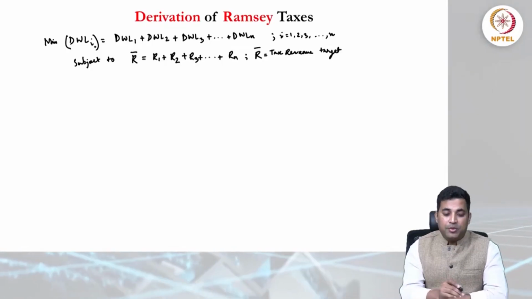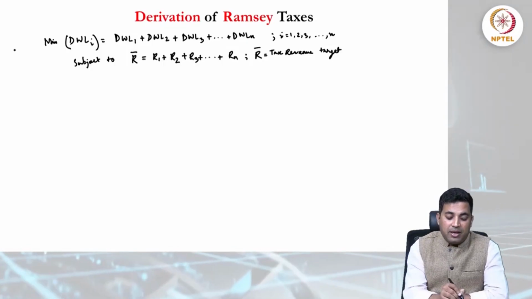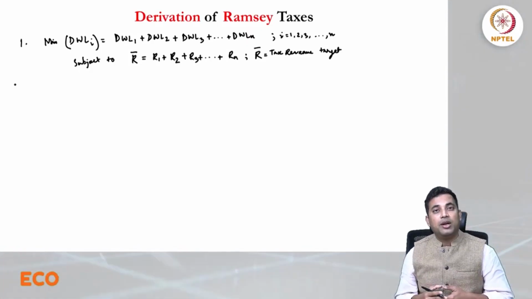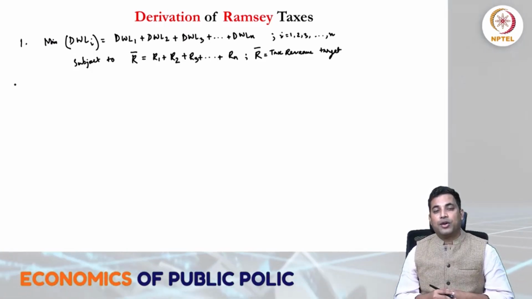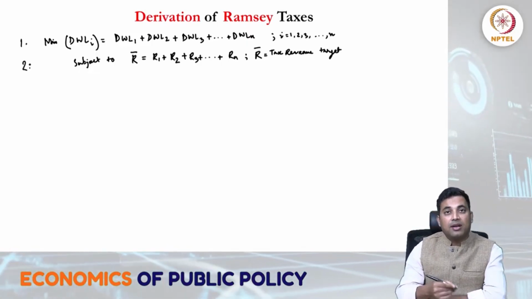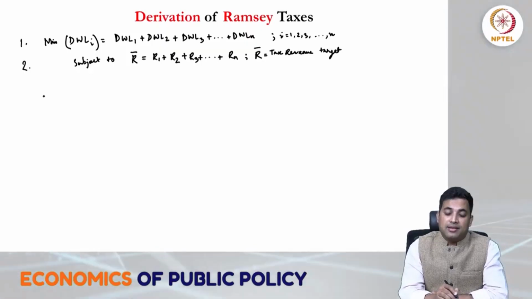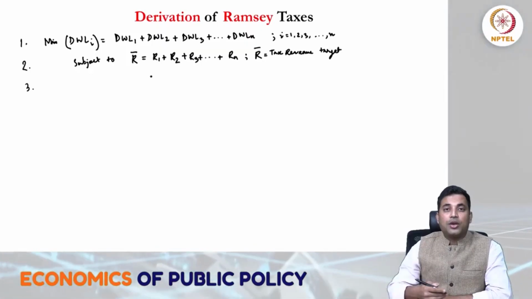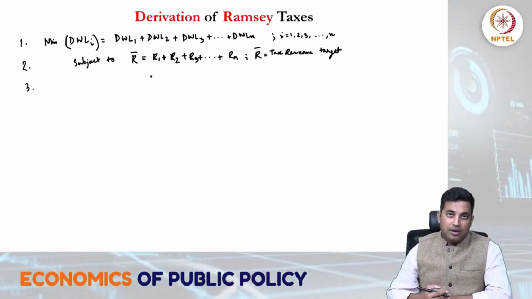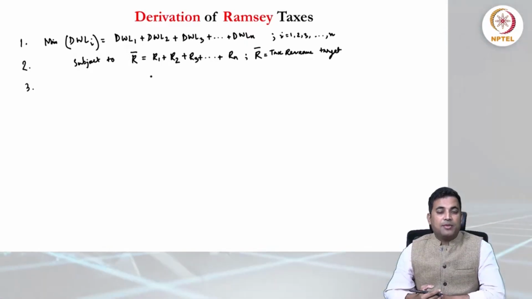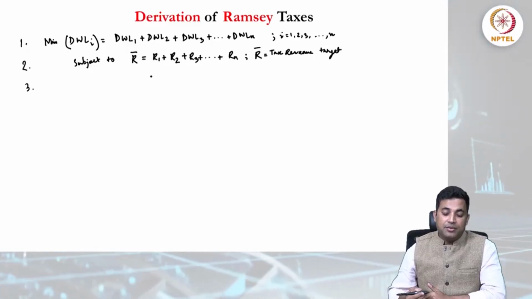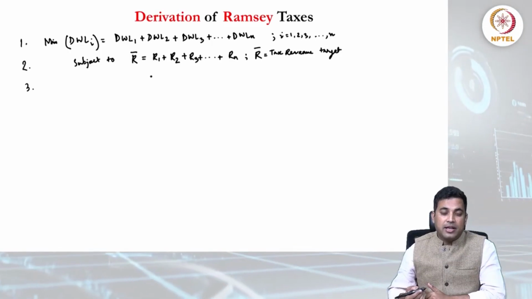Now the third proposition that we are planning to make. The first proposition is that our greater goal is to minimize the overall deadweight loss, subject to total tax revenue. The third point is to introduce the taxes. Here n number of populations are involved, and R1 is the total tax revenue coming from the first individuals, and R2 is the total tax revenue collected from the second individuals.